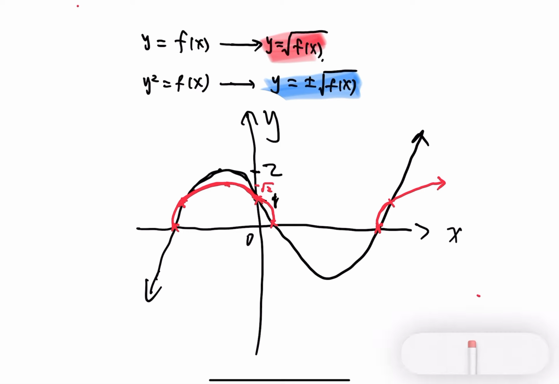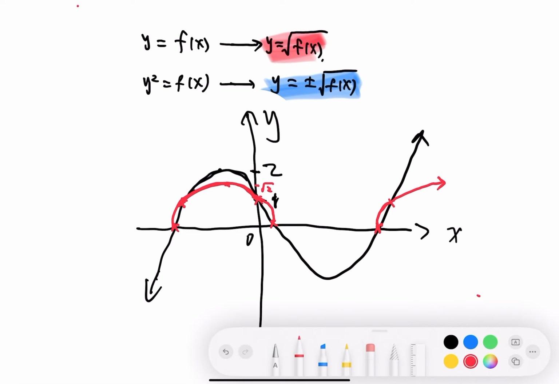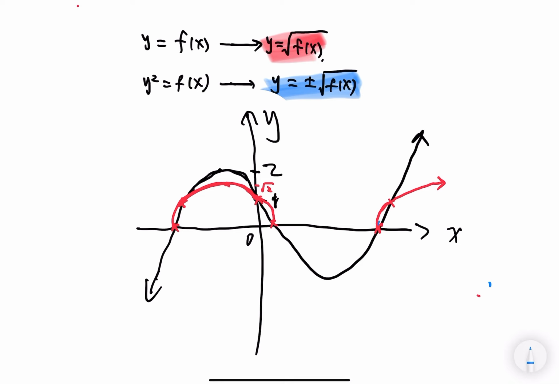So I'm going to use blue. We still keep that one, we need that. And then we reflect on the x-axis, trying to make a mirror image. We keep that as we still need the plus. And then we need a minus, something like this.